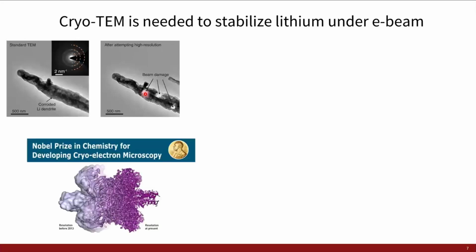In order to address this issue, our group, along with several other groups recently, have been inspired by recent developments in cryogenic electron microscopy, which won the Nobel Prize in Chemistry in 2017. And using cryo-EM, structural biologists can stabilize very sensitive soft molecules within the TEM for high resolution analysis. And those soft molecules are going to be much more sensitive than inorganic materials like lithium.